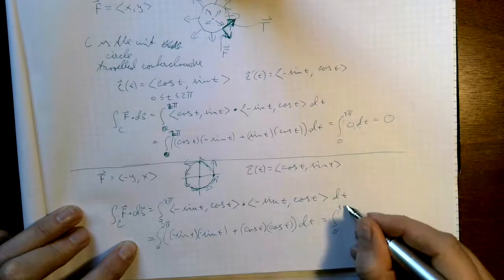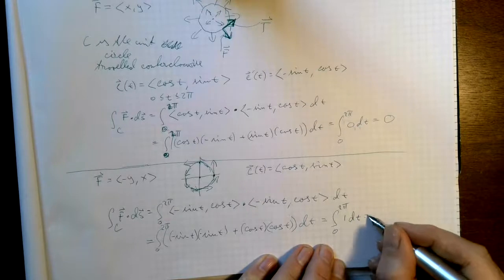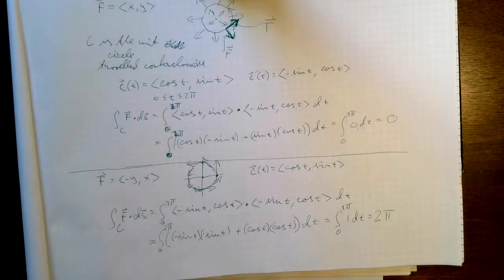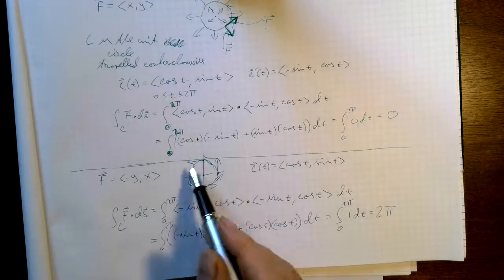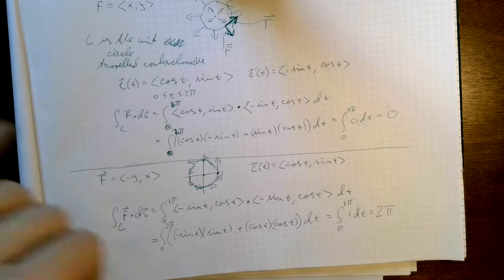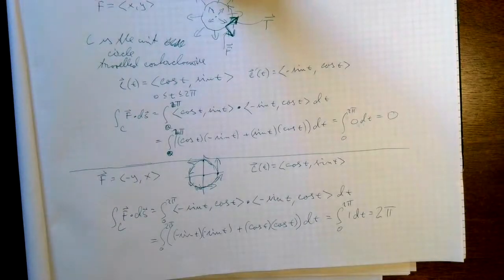The integral from 0 to 2 pi, and 1 dt is 2 pi. Now, it makes sense that this is some positive number. The work done on our particle has to be positive. The force is trying to move us exactly in the direction of travel along this circle. So we should get a positive number.